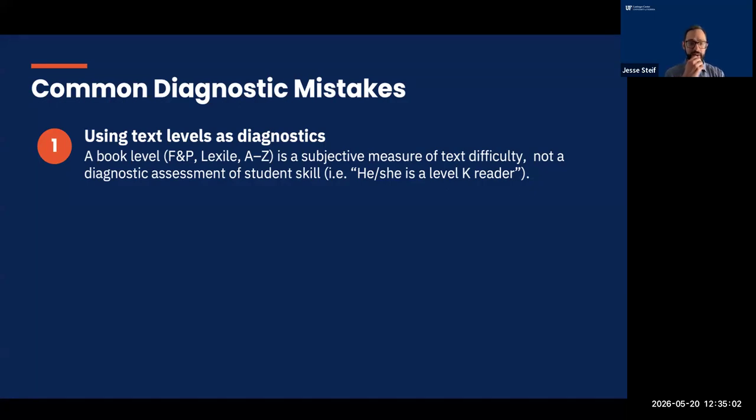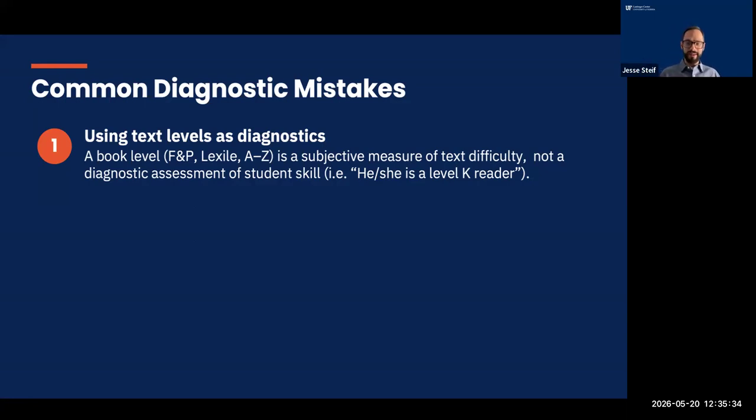that is off base. There's a ton more complexity and nuance to these concepts of instructional level and independent and frustrational level. But we don't want to get in this habit of labeling a student as a particular level of text. A level K refers to the level of difficulty of a single book, not to the skills of a student.